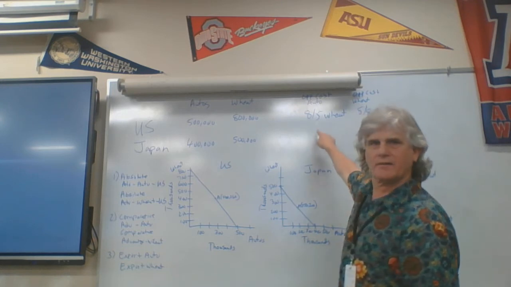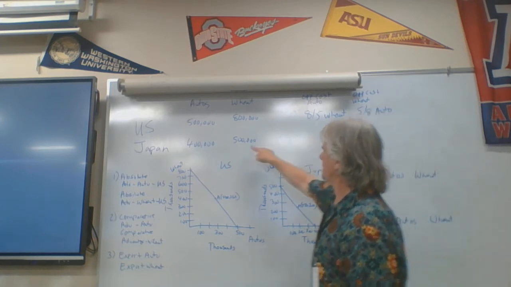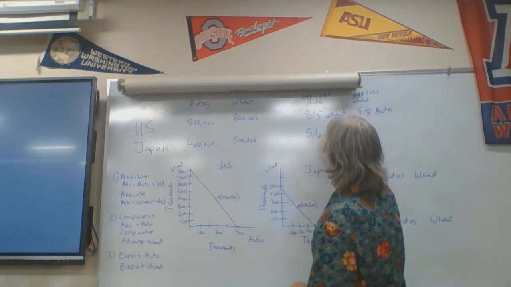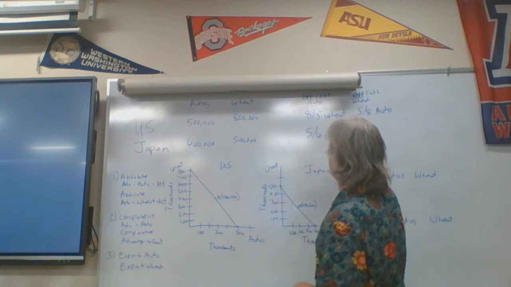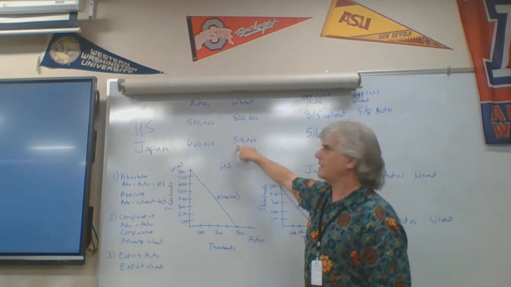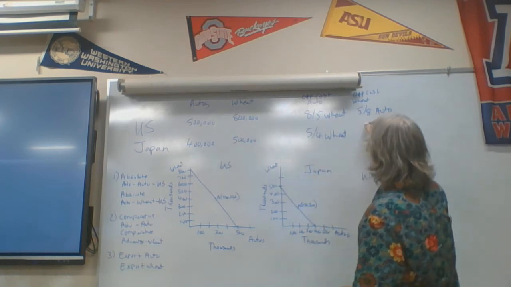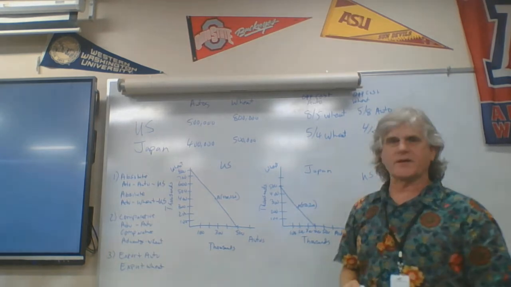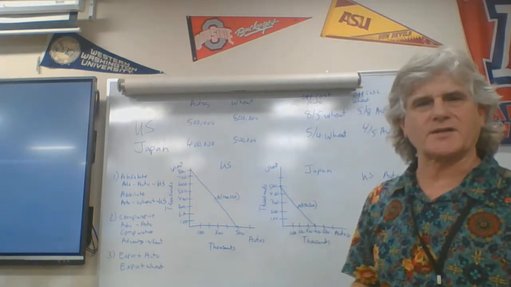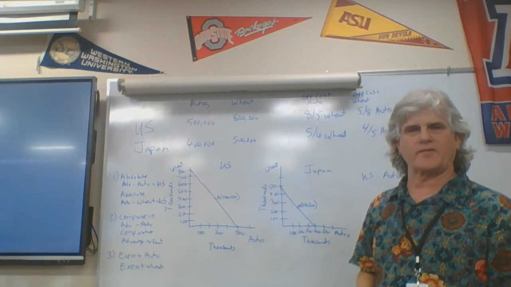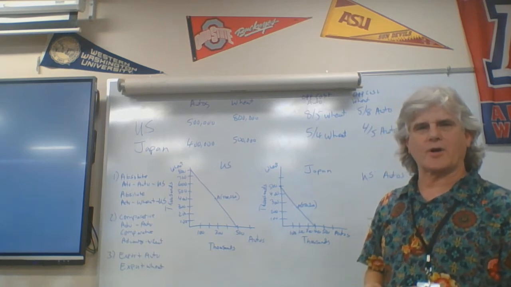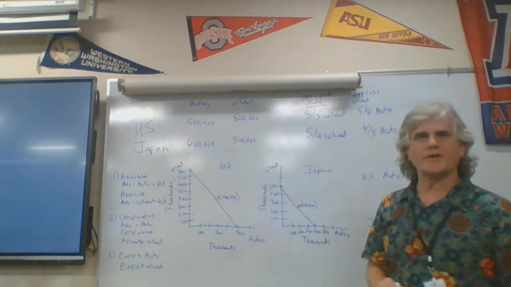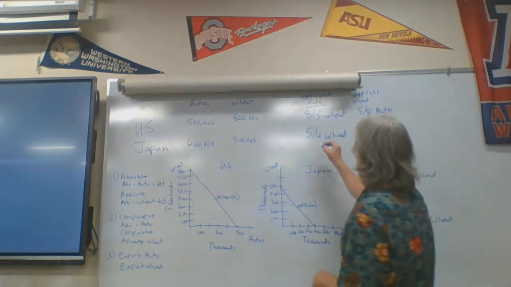Now with Japan, for one auto, you take the 500,000 over the 400,000, it's 5/4 wheat. Then you do the same thing, you take this and put it over, so this is 4/5 auto. Now these numbers are your opportunity cost of one, so you're looking for the comparative advantage, the lower opportunity cost in each column. So we look down, this is automobiles, which number is lower?